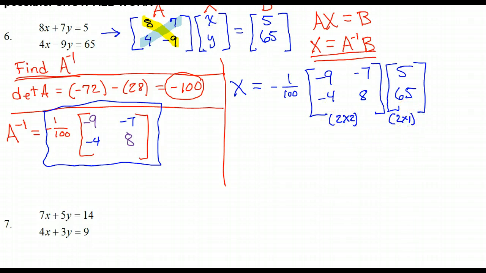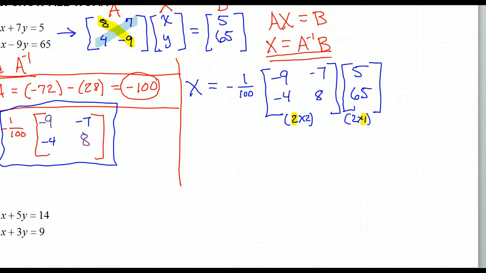That means the final result is going to be a 2 by 1 matrix. As we do this, just know that the final result is going to be in this shape: a 2 by 1, where this will be element 1, 1, and this will be element 2, 1, second row, 1 column. And don't forget, in the front here, we're going to have 1 over negative 100. That's still there.